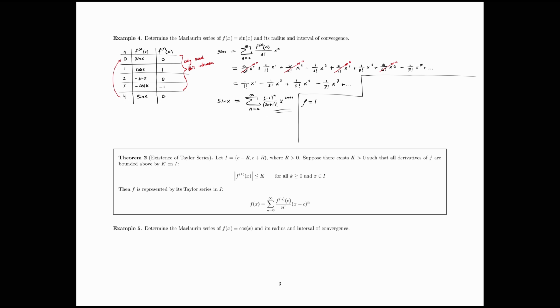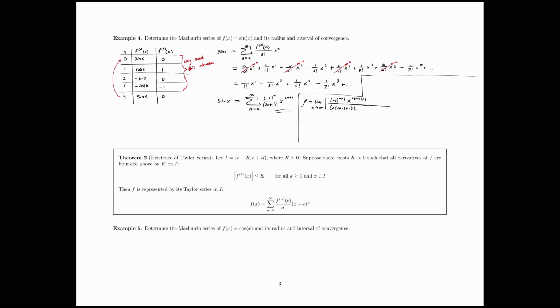So rho is the limit as n goes to infinity of the absolute value of a sub n plus 1 over a sub n. So a sub n plus 1 is negative 1 to the n plus 1, x to the 2 times n plus 1, all over 2 times n plus 1 factorial.